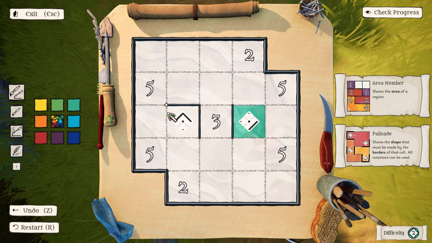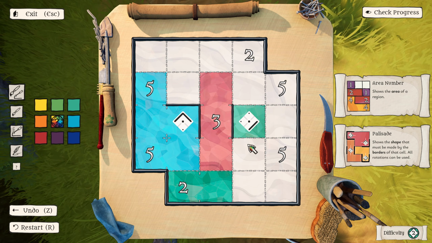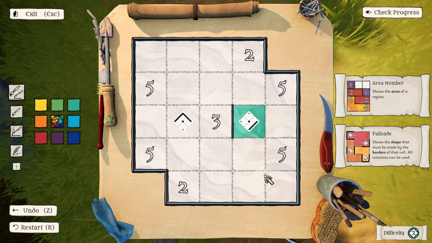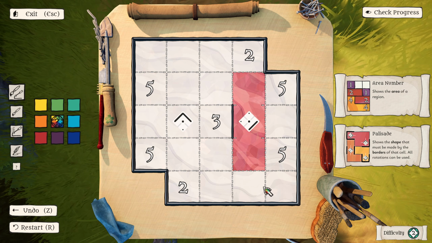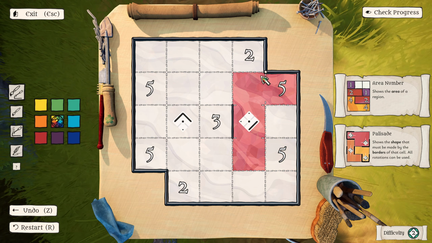If it was this, it could be that. That would be valid. But ignore that right now, because this now has to make a shape that I believe has to take those, because we can't add another line. And therefore, we can't do this and block that 5 in. So it must take that 5.